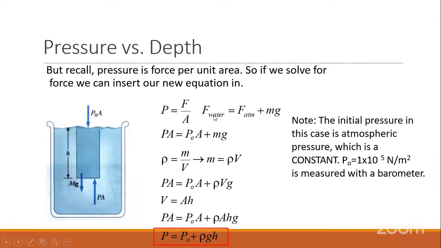Now, remember that pressure is equal to force over area. So now we are dealing with force, and what we should do is to make force the subject of the formula. That makes F become PA.